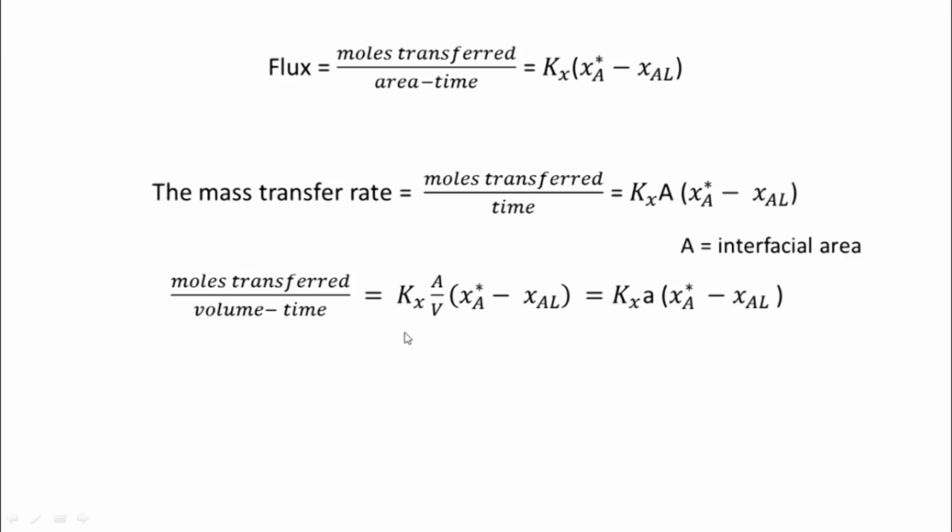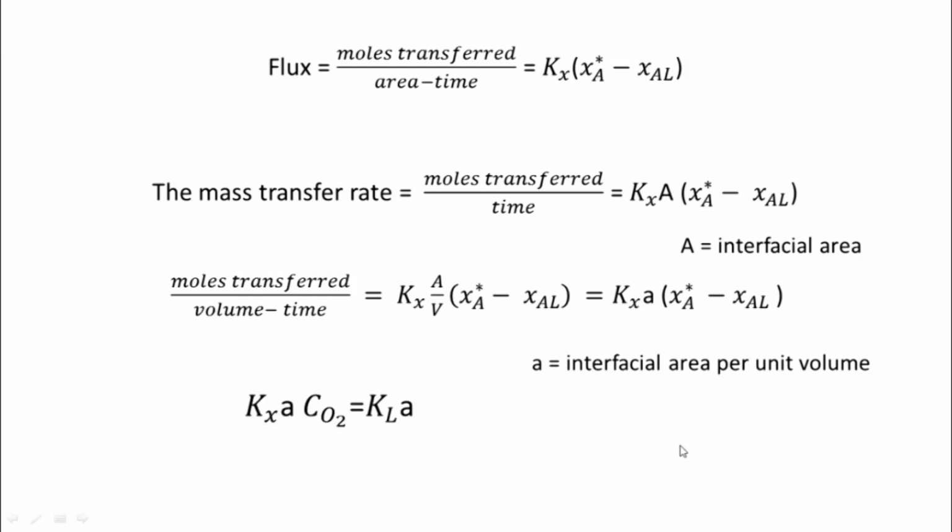Area, the interfacial areas, are not so easily measurable. Per unit volume per time is Kx A by V Xa star minus XAL, and the total interfacial area per unit volume is given the symbol a. So it equals Kxa Xa star minus XAL. a is the interfacial area per unit volume, as we just saw. This Kxa times the concentration of oxygen is what is referred to as KLa. You would have come across this term KLa for the bioreactor.